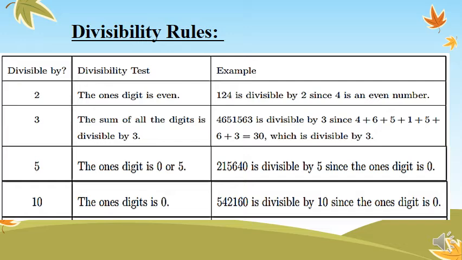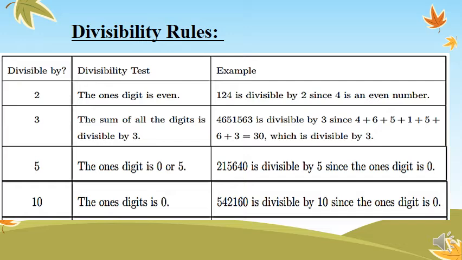To know if a number is divisible by 2, I have to check the ones digit. The ones digit must be an even number. It means the number must end with 0, 2, 4, 6, or 8. If a number is divisible by 3, I have to check the sum of the digits. It means I have to add the digits.